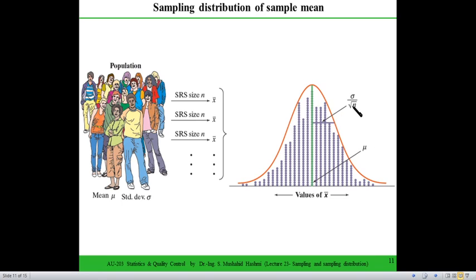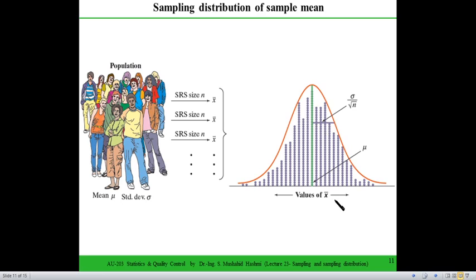But here it is showing the standard deviation rather than the variance, because if you take the square root of sigma square over n, the square root of sigma square would be sigma, and the square root of n would be in the denominator. This represents the standard deviation of the mean of the sampling distribution.